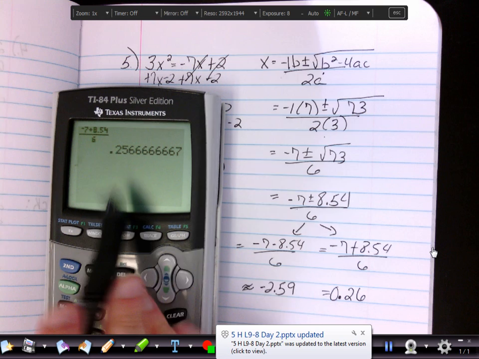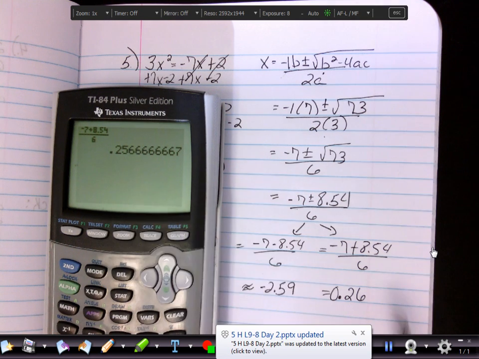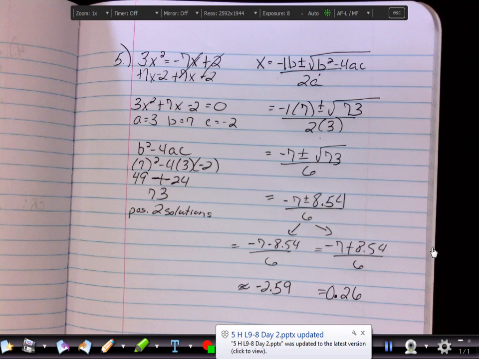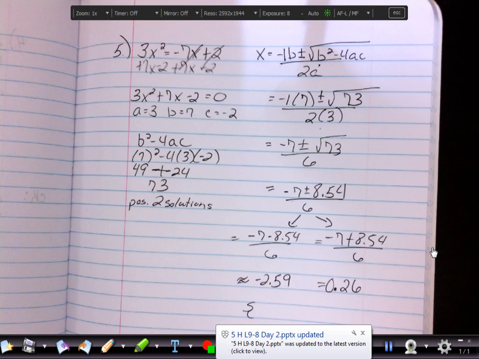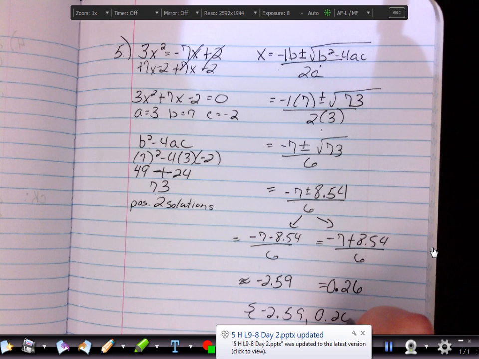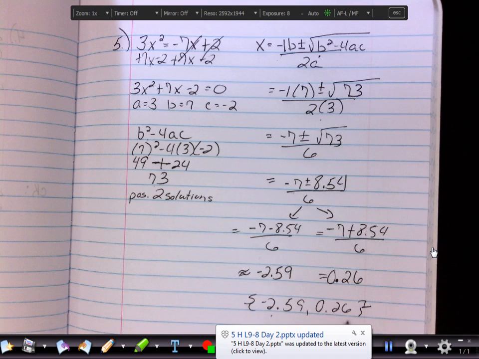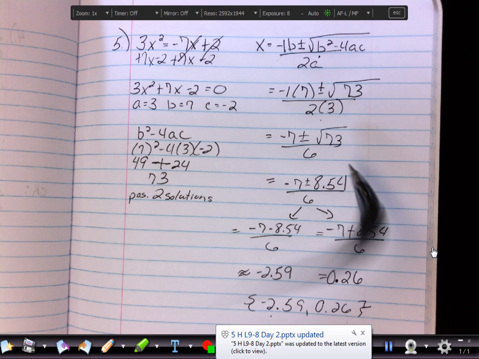And we're going to say that it's 0.26 because this 6 is going to round that 5 right there to a 6. So it's 0.26. So go ahead and do your braces, negative 2.59, comma 0.26. And again, if I was looking at this on a graph, this would be where the quadratic or the U shape would cross the x-axis. So it would have been my zeros, and that would have been very, very hard to find using a graph, but we can find it using the quadratic formula. Please make sure you have all of that written before you move on.